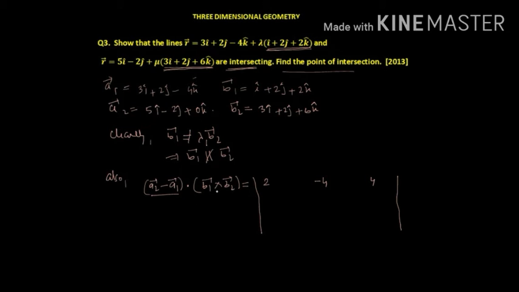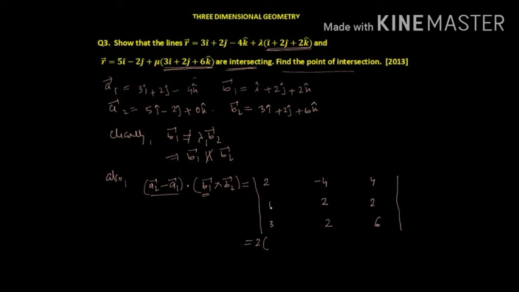Then B1 cross B2, so B's components will be the second row: B1's, that is 1, 2 and 2, and then the last one is 3, 2 and 6. Now you have to get a result here 0, right? You should get a 0 here. So I'm just explaining it so that you can be confident.